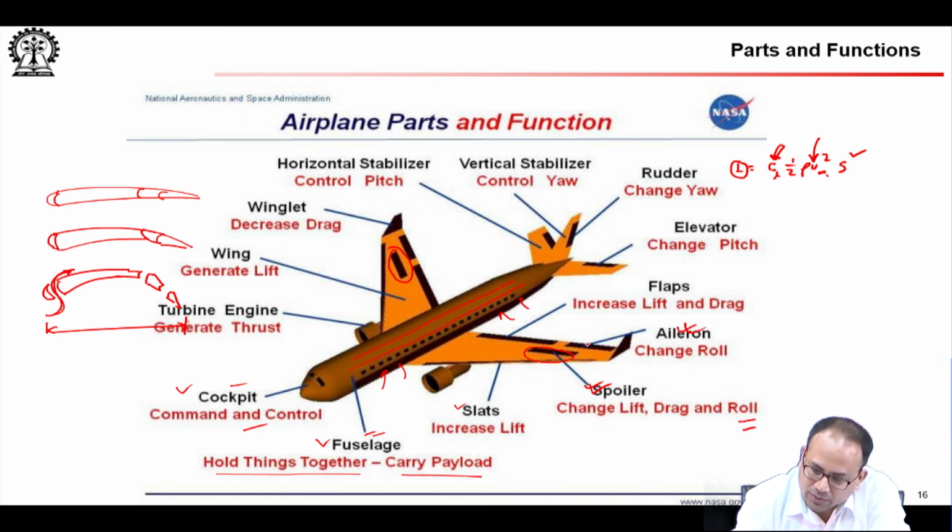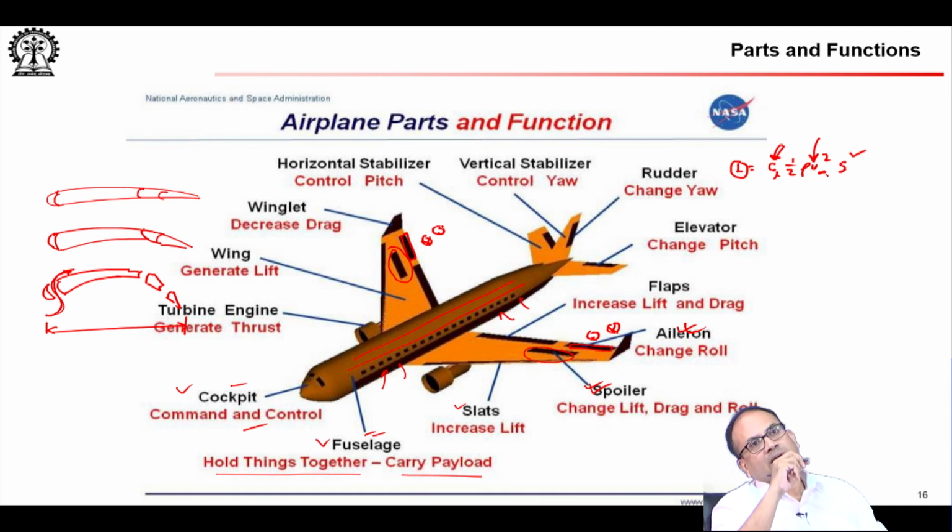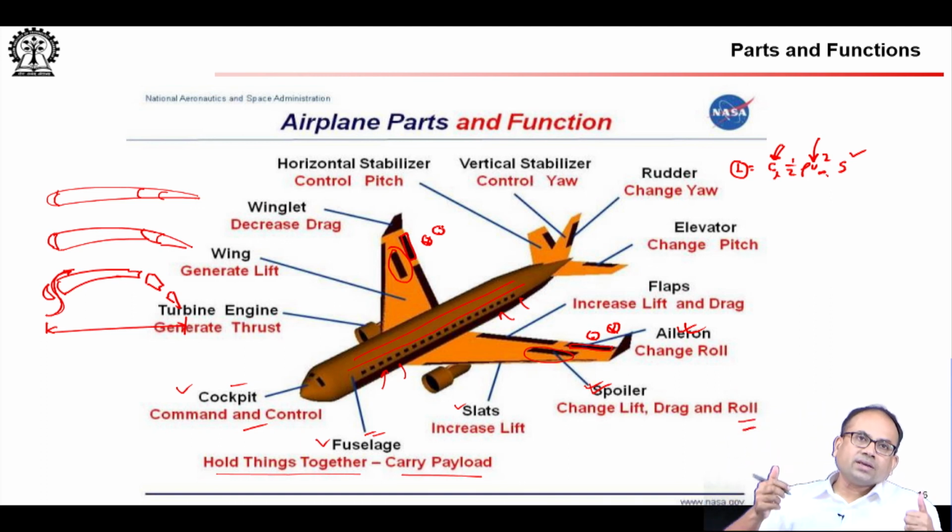We have talked about the ailerons. These are the movable surfaces at the end of the wing. Remember, I said that if one aileron moves down, the other aileron moves up. So, they move in opposite directions, because of which the lift on the left wing and the right wing in the neighborhood of the aileron becomes different.